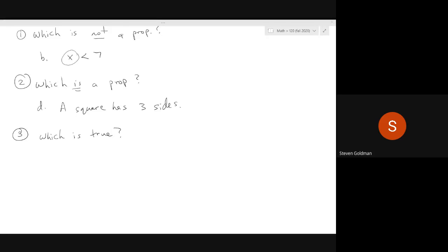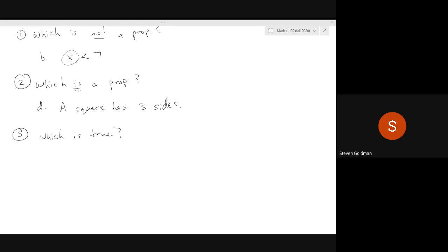Remember, a conditional statement is always true except in one case. It's only false when the hypothesis is true but the conclusion is false. And biconditional statements are only true when both parts have the same truth value, whether they're both true or both false.